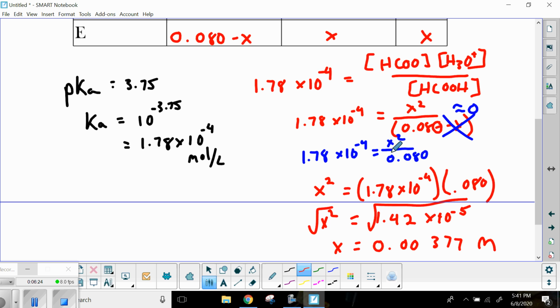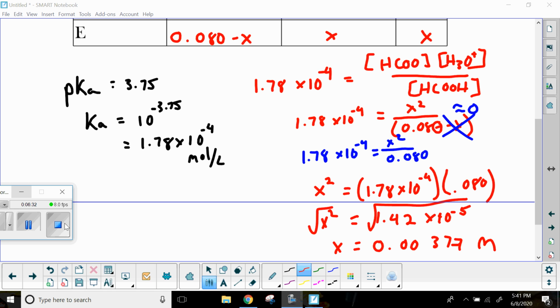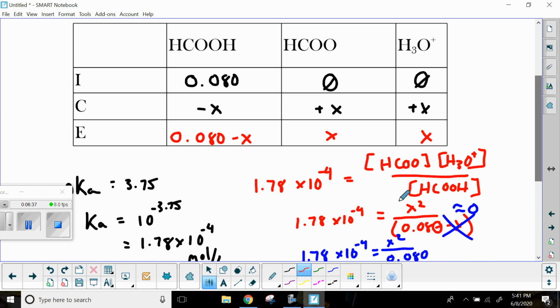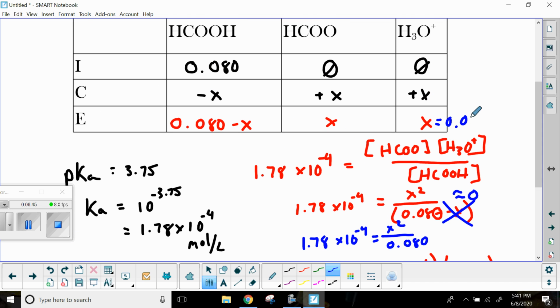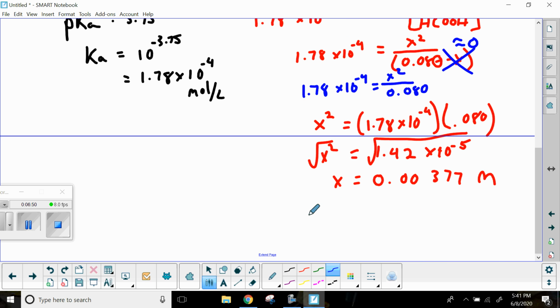Would it have actually been worth it to leave that X value in the denominator? So what I'm going to do here is I know that that value is going to be my concentration of hydroniums, which will indicate my pH. Go back up here and fill that in: 0.00377. And then I get to negative log it, because I remember that pH is the negative log of the concentration of hydroniums.